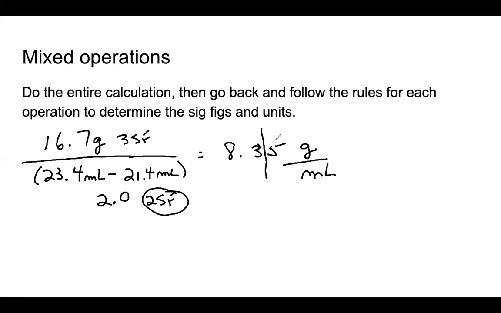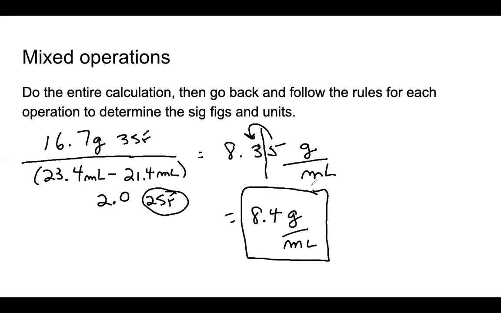And then we check the next digit. It's a 5, so we're going to round up. So our answer is 8.4 grams per milliliter. Okay, so again, do the entire calculation on your calculator, write down a bunch of digits, then go back and treat each operation separately.